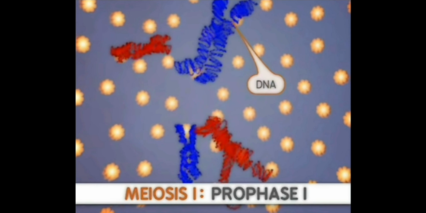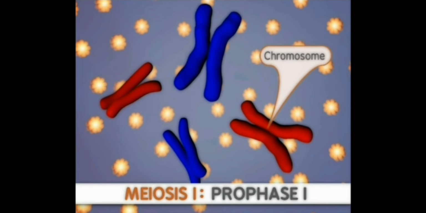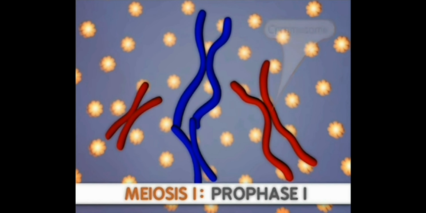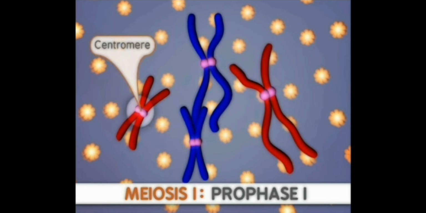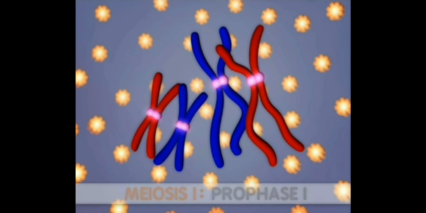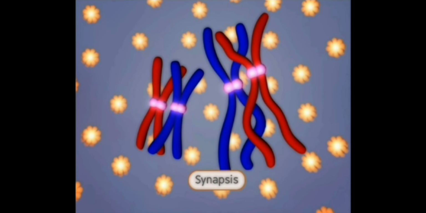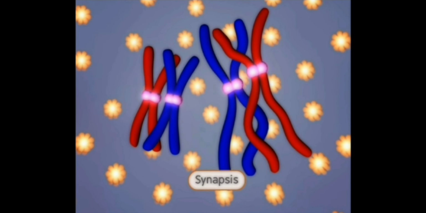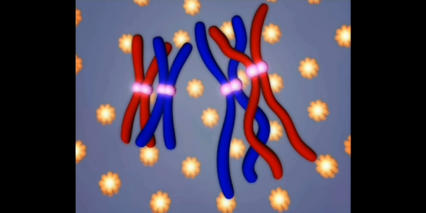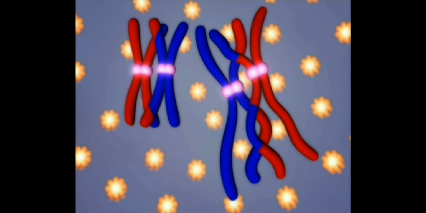Now, here we see the duplicated sister chromatids join together at the centromere, and then they stay fused at the centromere through meiosis 1. Next, each pair of homologous chromosomes undergoes synapsis to form a complex involving two pairs of sister chromatids. Chromosomal material is exchanged between the two pairs of sister chromatids.